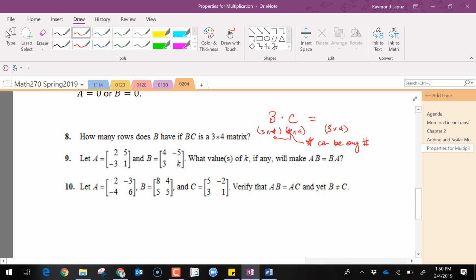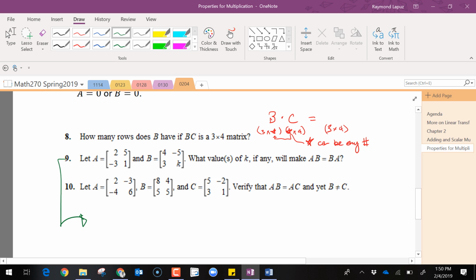If you have a 3 by 10, multiply that by a 10 by 4 matrix, you're still going to have a 3 by 4 matrix. So it doesn't matter what the number of columns is for the first one and the number of rows is for the second one, as long as they match. They just have to match.